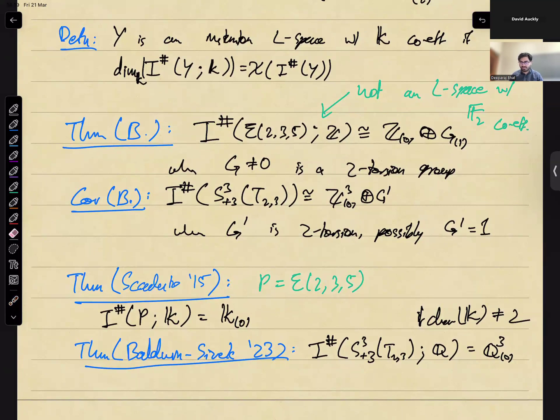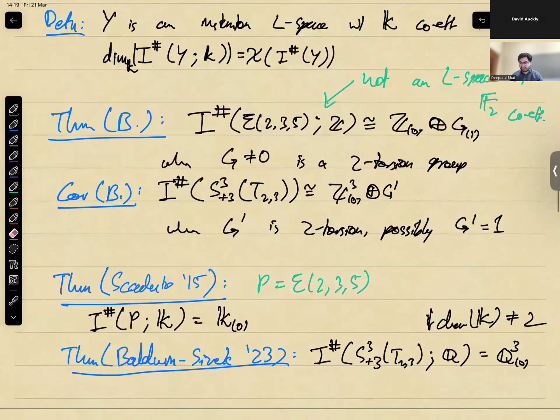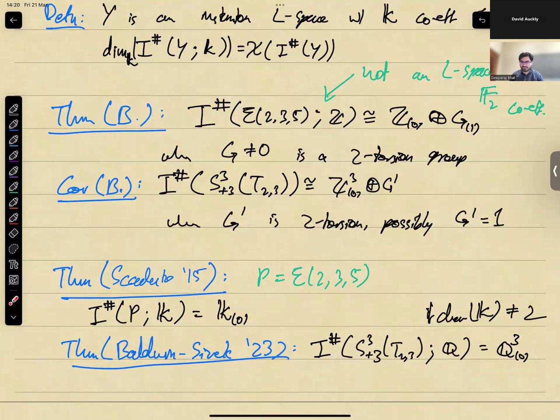But prior to this, I don't believe there was anything known about the torsion at all. Is there any torsion? Could there be three torsion and so forth? And now we're able to confirm that if there is torsion, it has to be two torsion. But unfortunately, some more computation is required to actually confirm or deny whether there is any torsion.